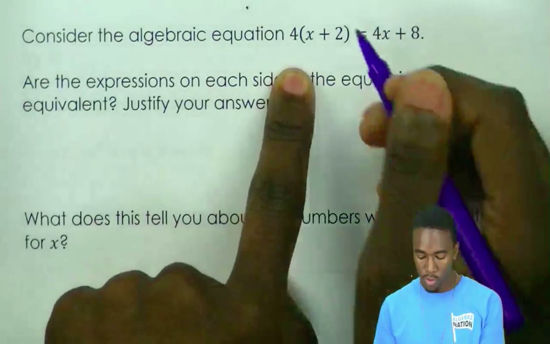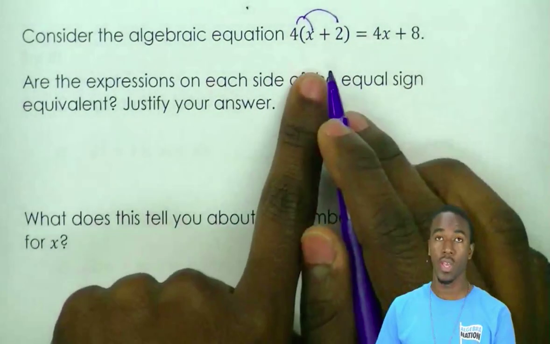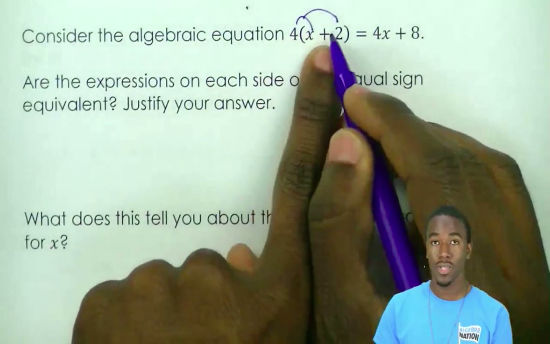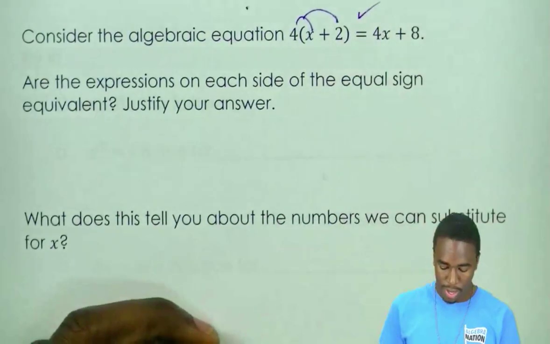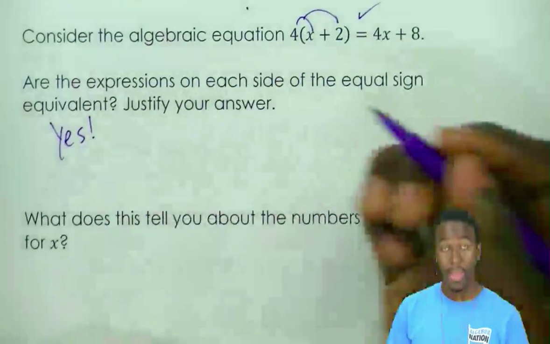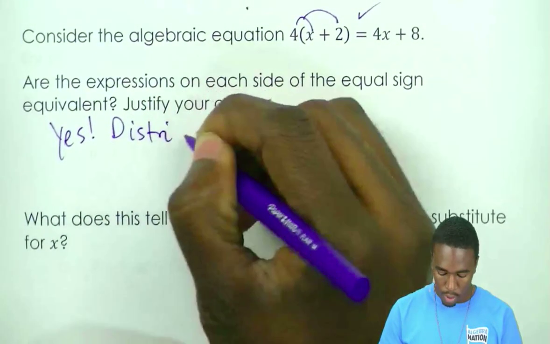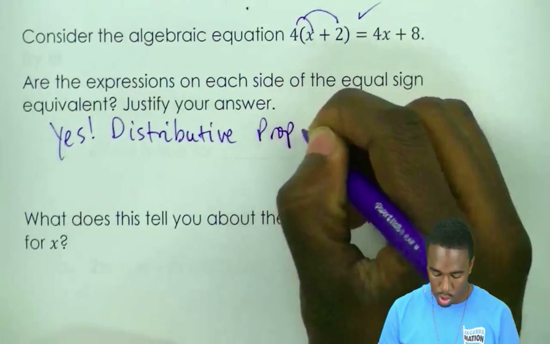Well, if we use our distributive property, what can we see? 4 times x is 4x, 4 times 2 is going to be 8. So our distributive property tells us that, yes, these two are equivalent to each other. Well, how do we justify that? Using the distributive property.